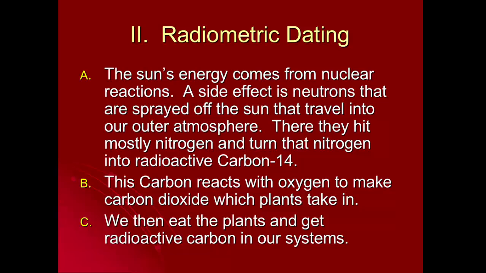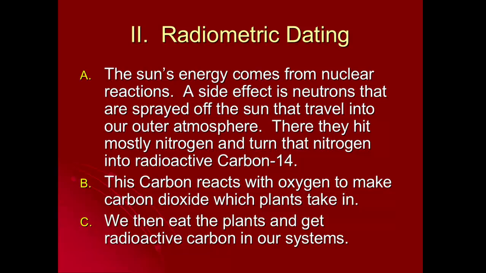There's also a natural one that happens from the sun's energy. It comes down, and in our outer atmosphere, it affects the neutrons that are coming in from the sun. And those neutrons hit nitrogen. And when they hit nitrogen, they turn into carbon-14.